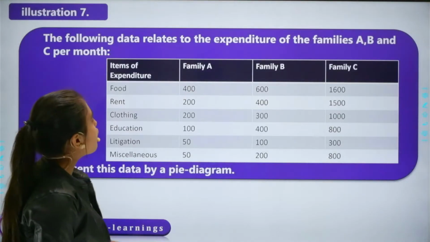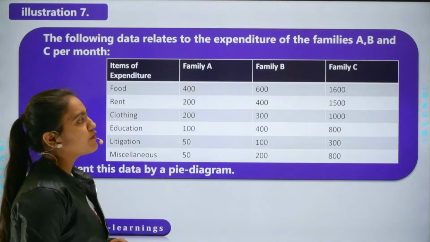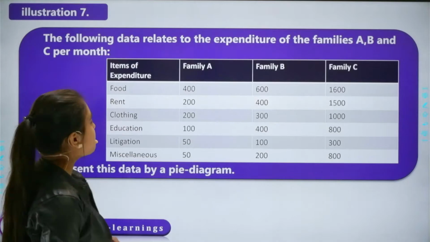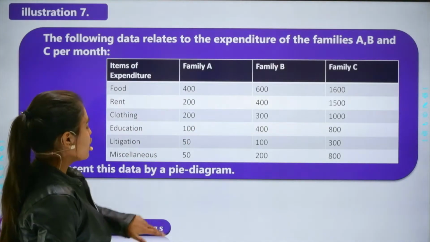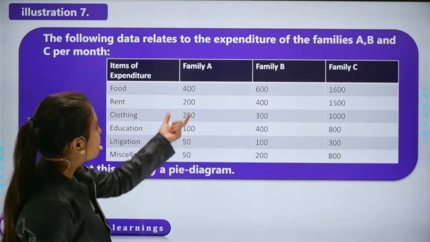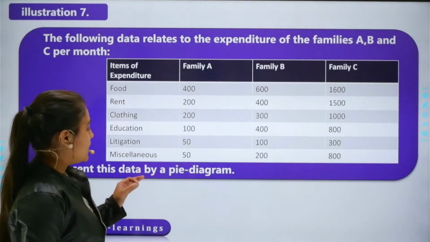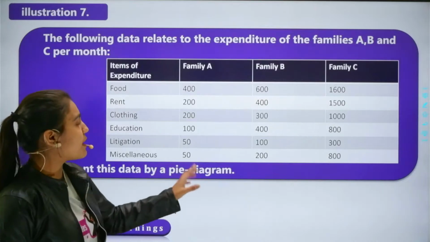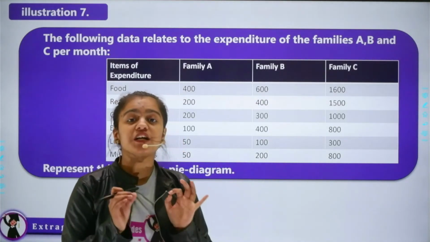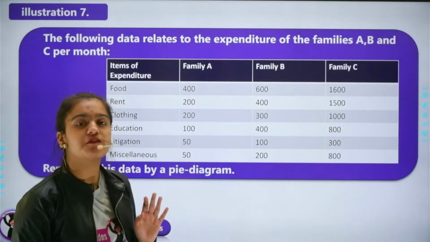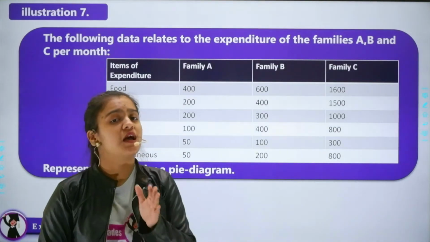Next is, the following data relates to the expenditure of families A, B and C per month. Now we have family A, family B and family C. We need to check for which family we have to represent this data by a pie diagram. For the three families we have to draw three different pie charts.